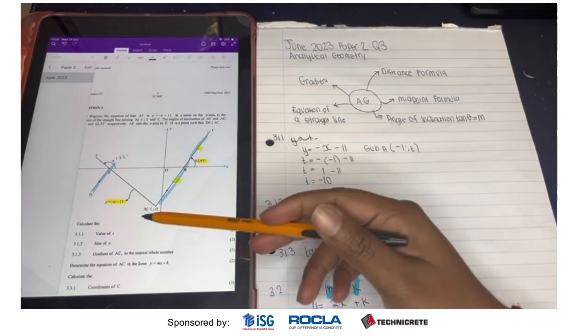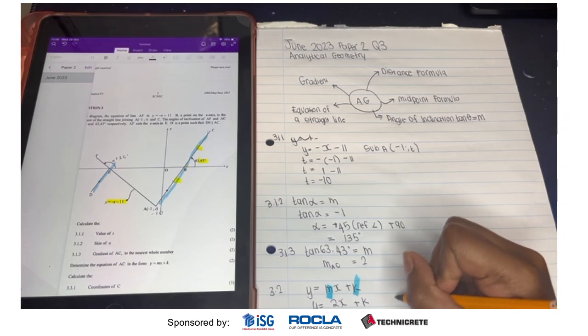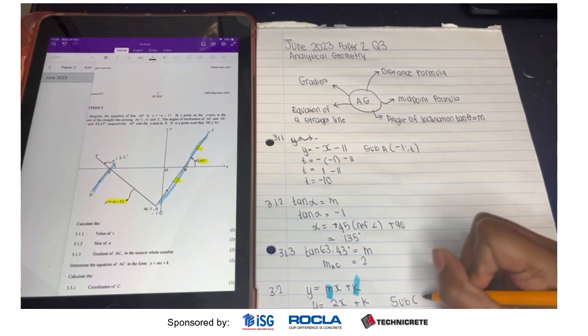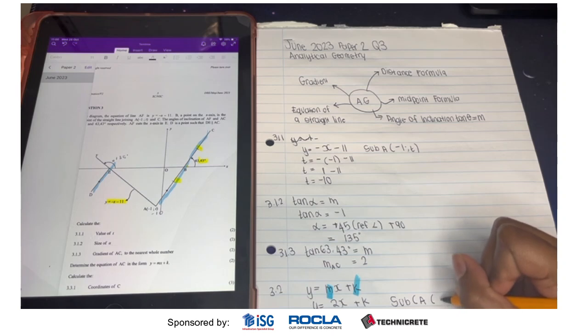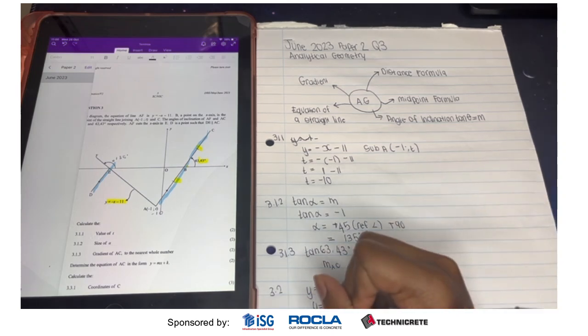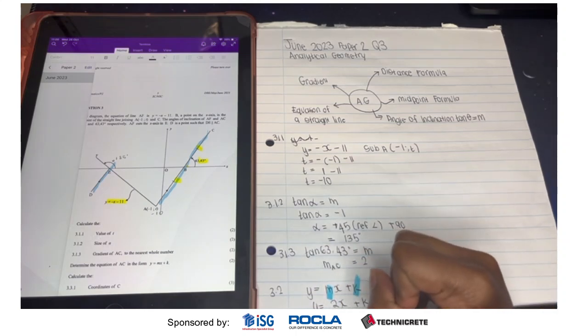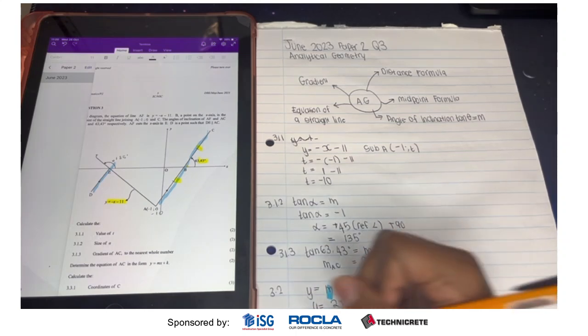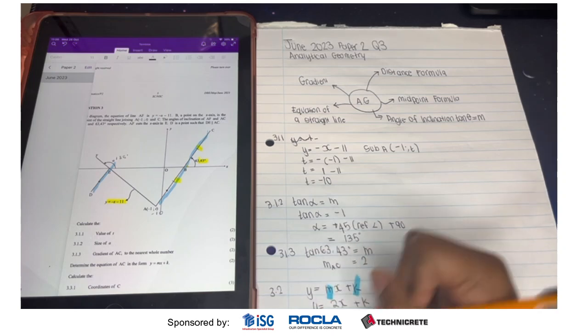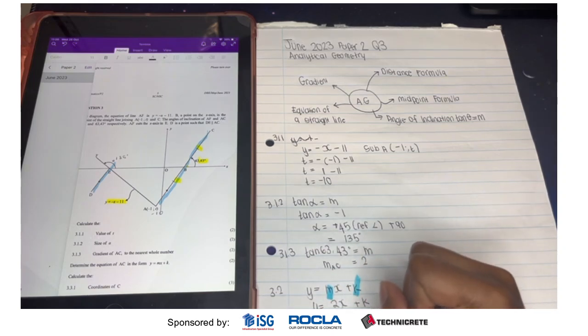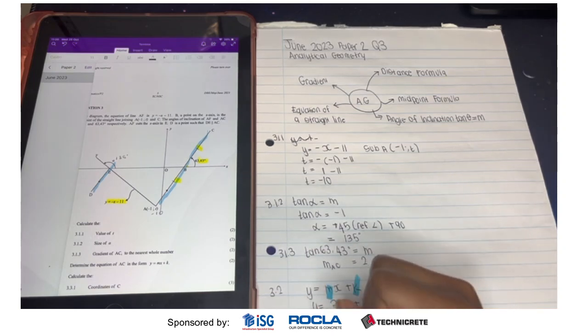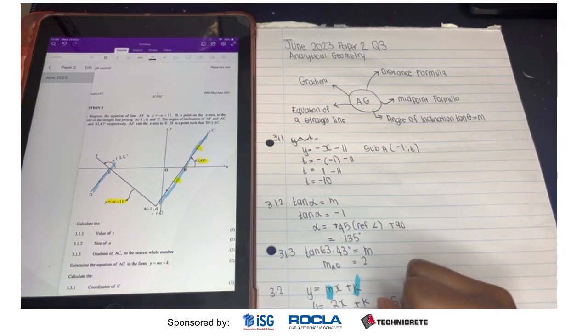And what can we substitute to find k? We can substitute A, which we know is (-1, -10). Okay, so my y value is negative 10. My x value is negative 1 plus k. So negative 10 is equal to negative 2 plus k. K will be equal to negative 10 plus 2.